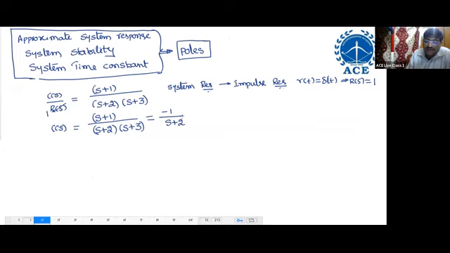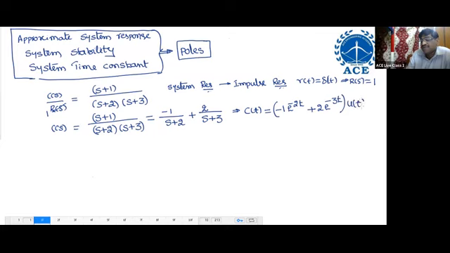Minus 3 plus 2 means minus 1, and the denominator gives minus 1, so that means plus 2. Plus 2 by s plus 3. Then find the inverse Laplace transform. C of t equal to minus 1 e power minus 2t plus 2 e power minus 3t.